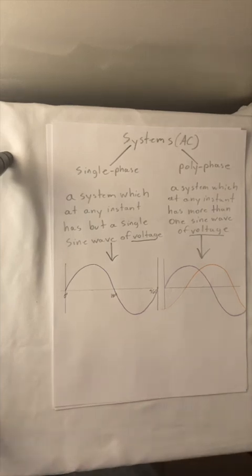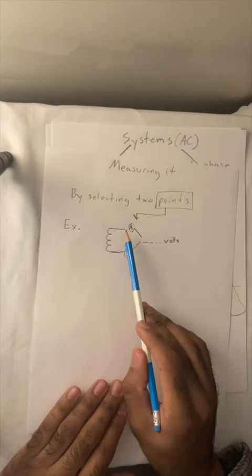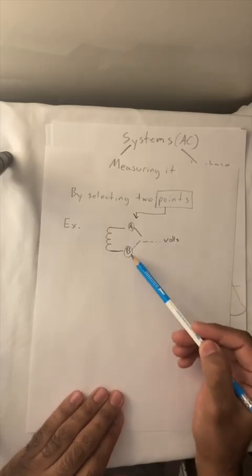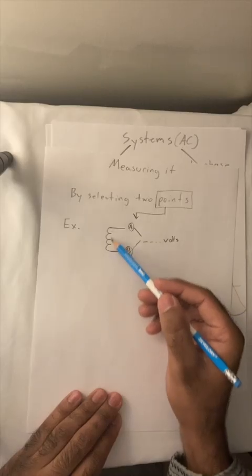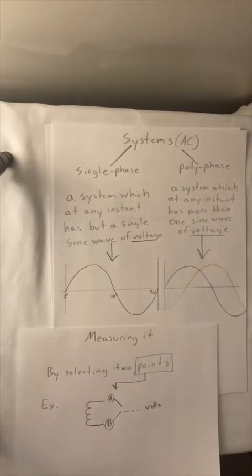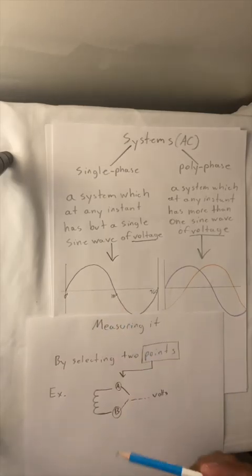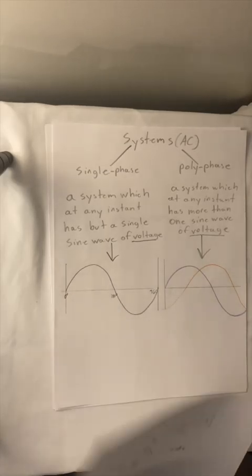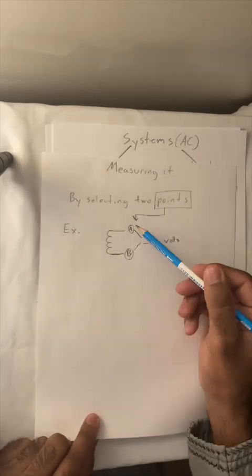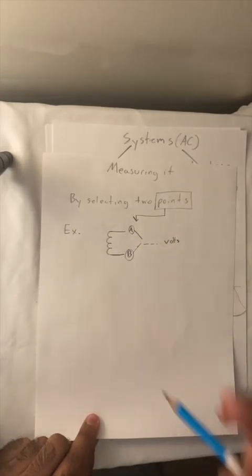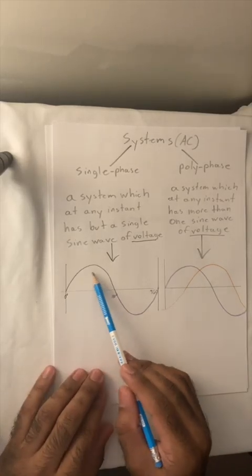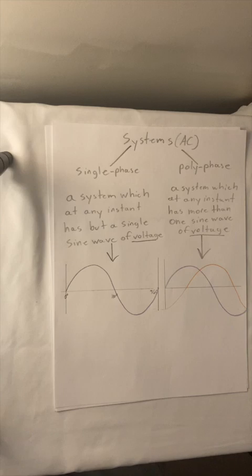If, for instance, in a single phase system, there was a measurement across A and B, that is across this single phase, the equivalent would actually be a sine wave. That is, if you had an oscilloscope connected across this, there would be graphically shown a single sine wave.